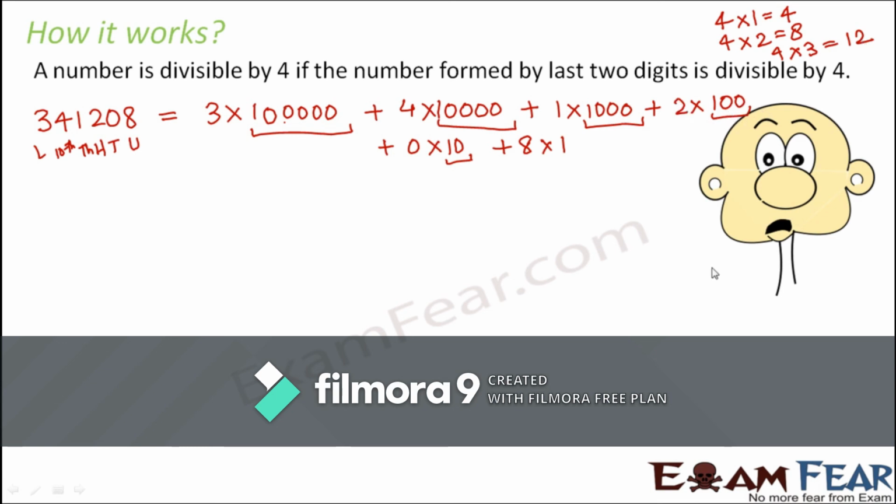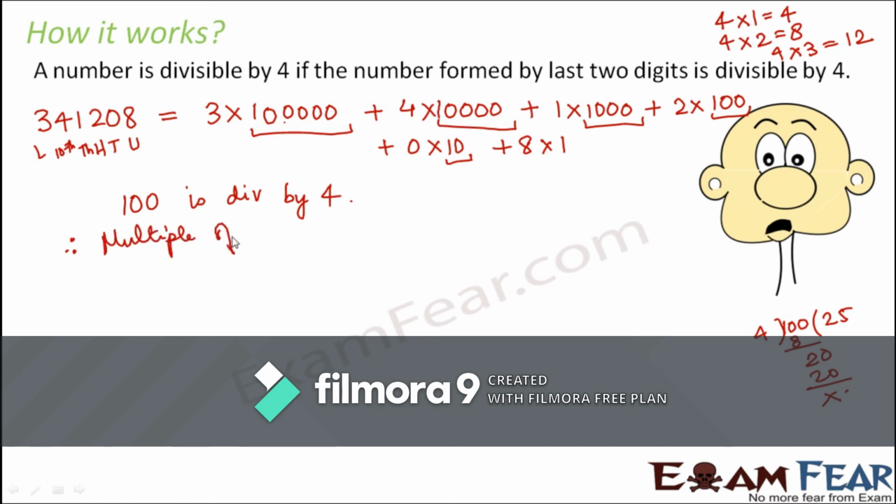But what about 100? Is 100 divisible by 4? Let us quickly do an actual division to see if 100 is divisible by 4. And what do we see? We see that 100 is divisible by 4. Now since 100 is divisible by 4, that means any multiple of 100 would also be divisible by 4.